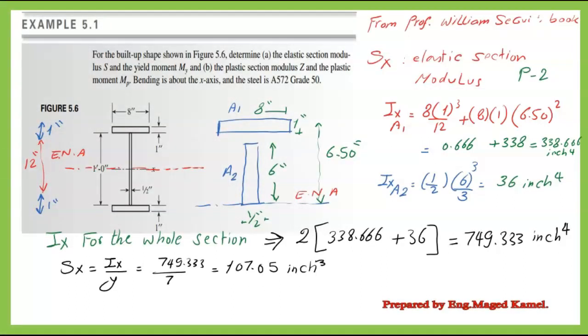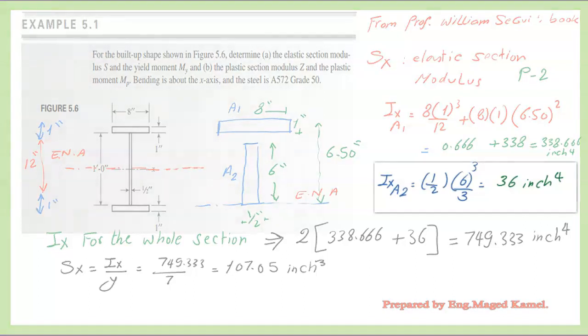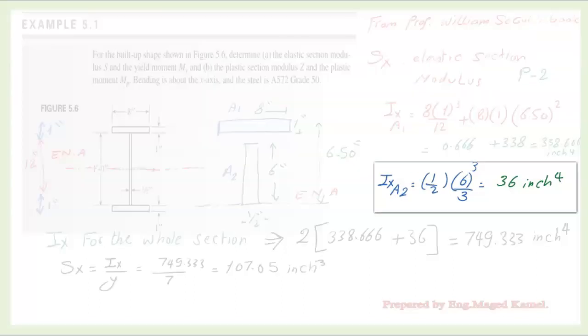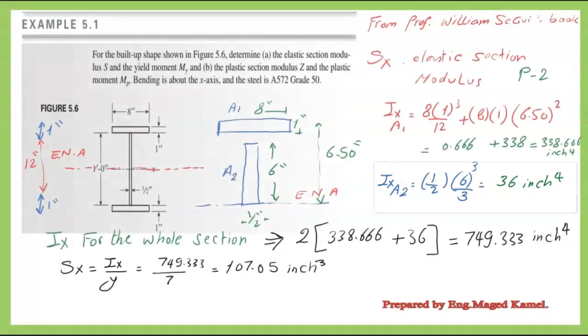While the inertia for the half of the web area can be expressed as B multiplied by T raised to the power of 3 divided by 3, where B is the base, T is the height of half of the web area, the value of Ix2 will be equal to 36 inch to the 4.